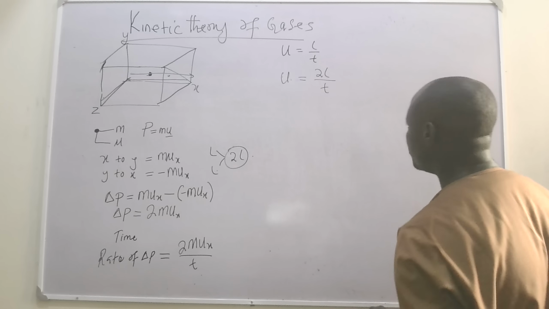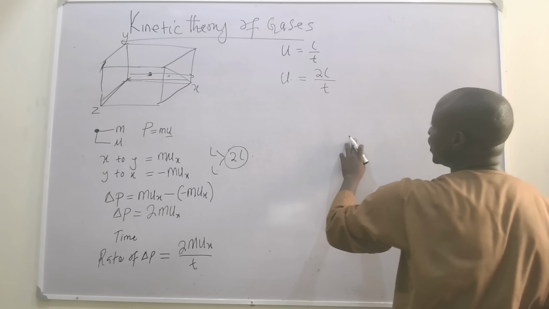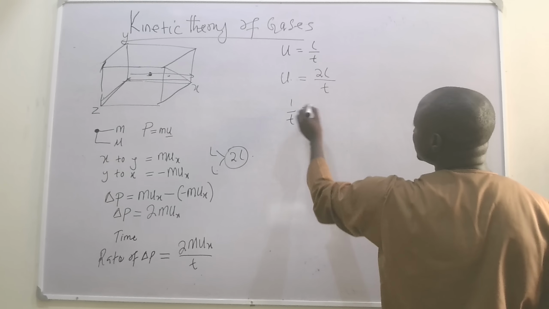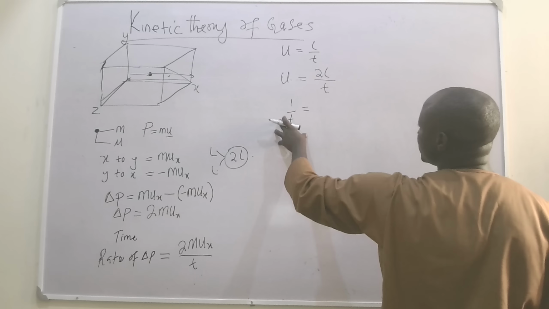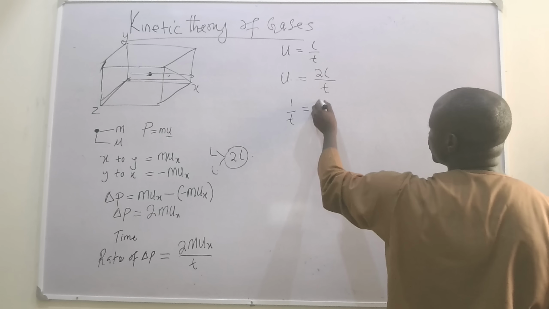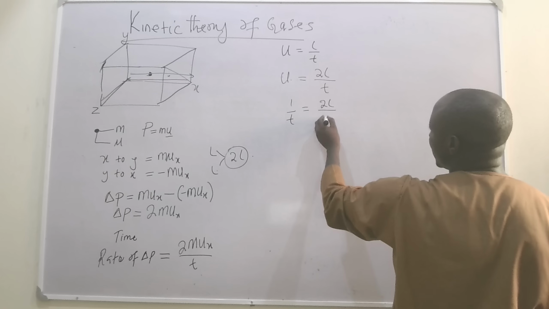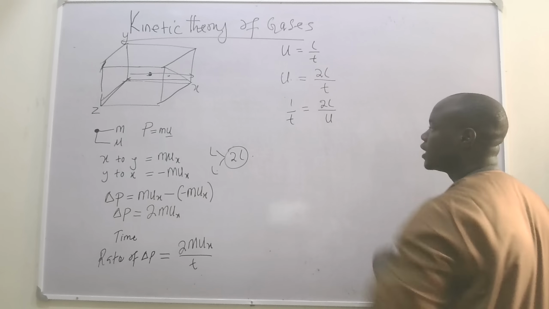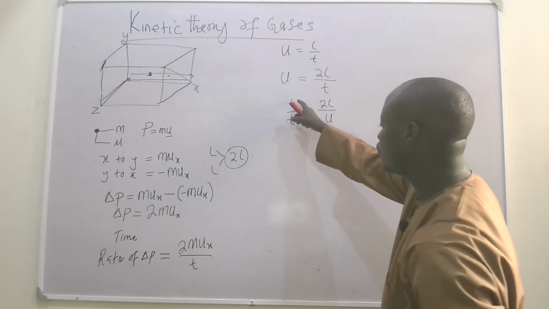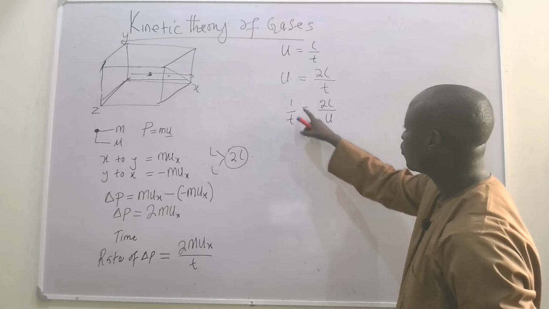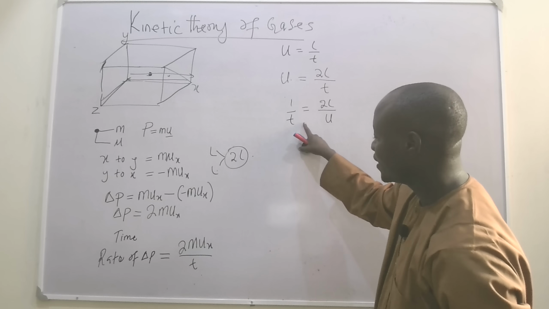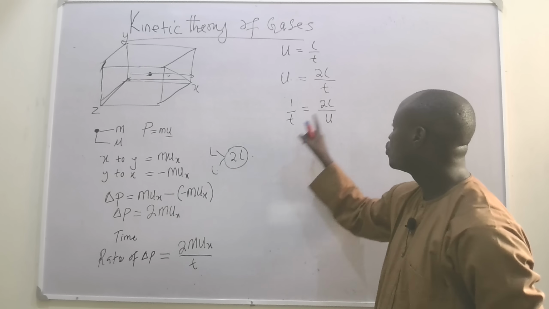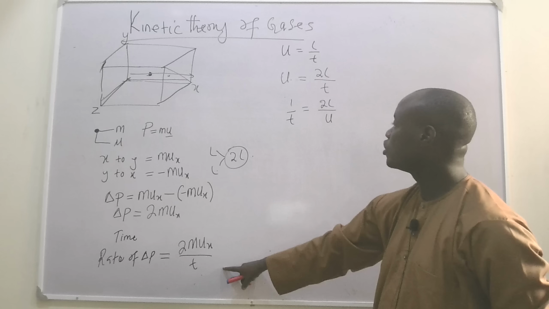Making t the subject of the formula gives t equal to 2L divided by u_x, so 1 over t is u_x divided by 2L. We are now going to substitute t with 2L divided by u.